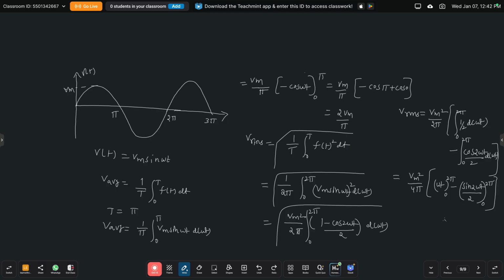So which is equal to Vm square by 4 pi into 2 pi minus 0, minus sine 4 pi by 2, which will give 0. So therefore, under root, which is equal to Vm by root 2.